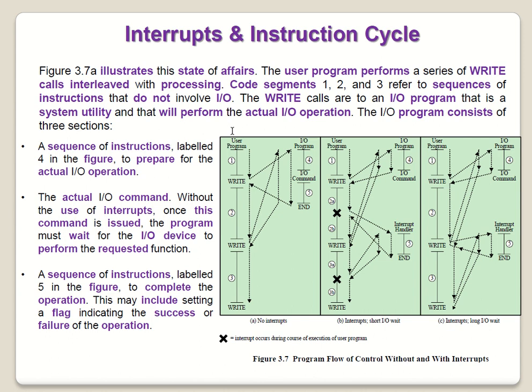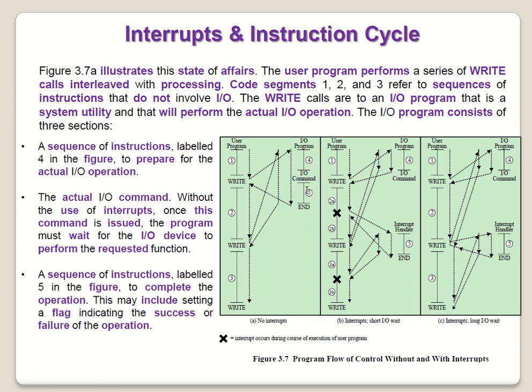Your CPU is executing the user program. So code segment 1 executed successfully. There you have the write instruction or write operation. So what will happen? The CPU does the IO program, the code segment 4, and then the IO command, and then after finishing the IO command, it waits and waits until the printer catches up the data.